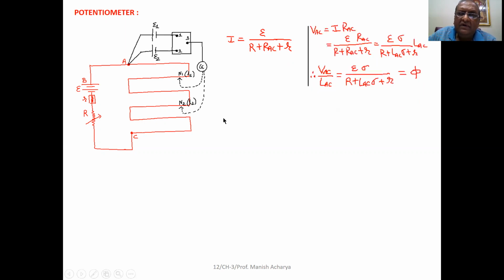Now, suppose this current is constituted now. So if current I is flowing through this wire AC, then potential difference between two end terminals A and C of the wire, that we can write.